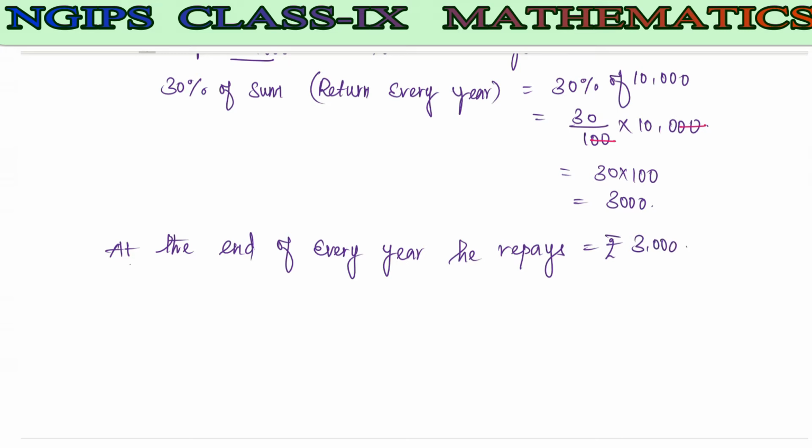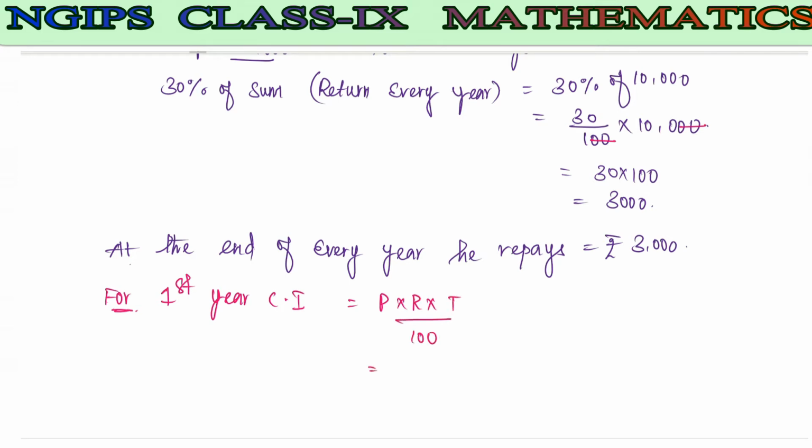First I am going to calculate for the first year. Now for the first year, compound interest is equal to principal into rate into time divided by 100.